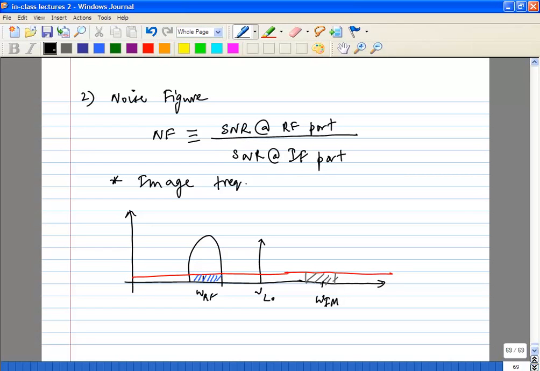If you look at the output at IF, you are going to have your RF signal, and of course the noise from the RF, but you are also going to have noise from your image frequency band.